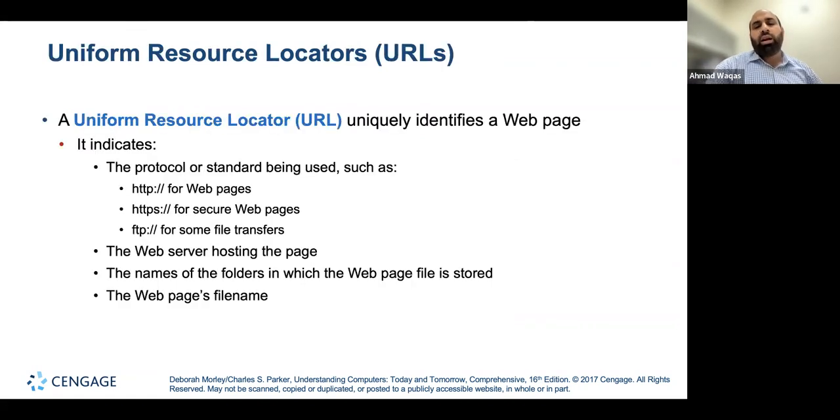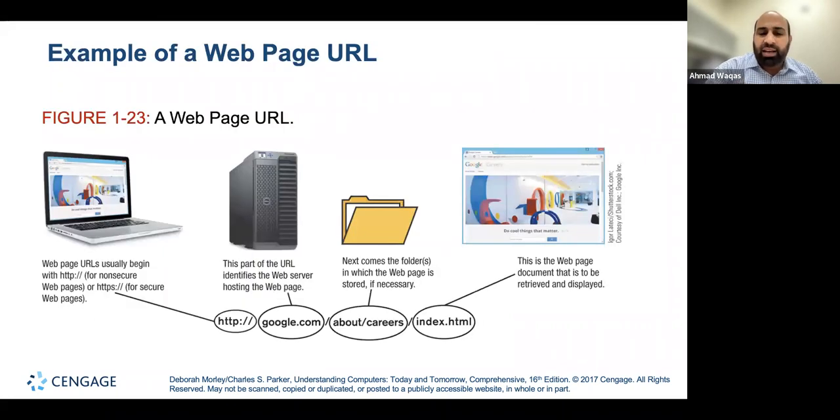A Uniform Resource Locator uniquely identifies a web page. For example, let's directly jump here. You have http://google.com/about/carrier/index.html. This is a Uniform Resource Locator that gives you a particular web page, right?